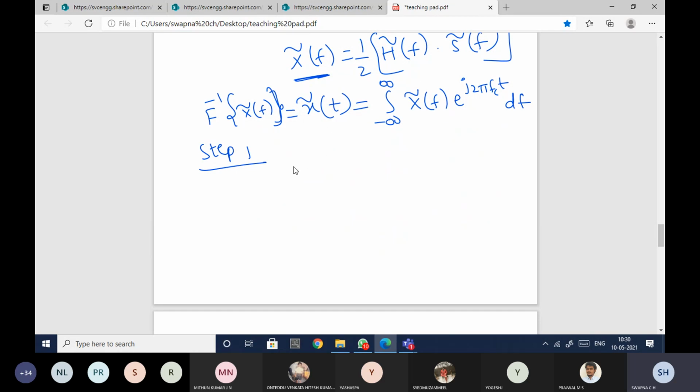The first step is, you know the equation of the complex low pass representation of the bandpass system: h tilde of f minus fc is equal to 2h of f.